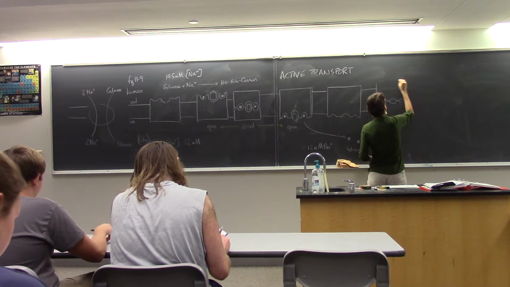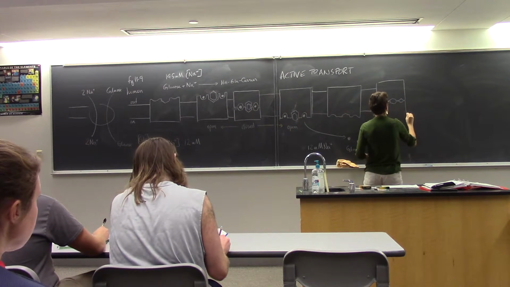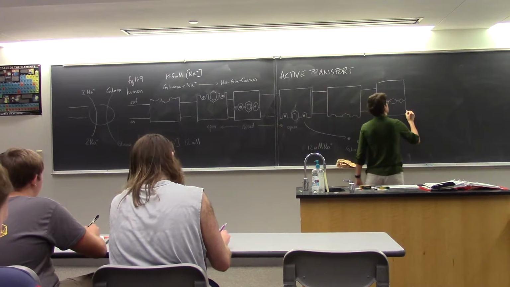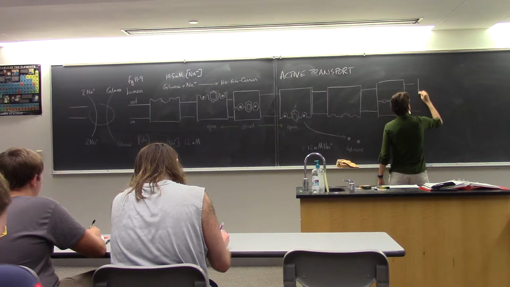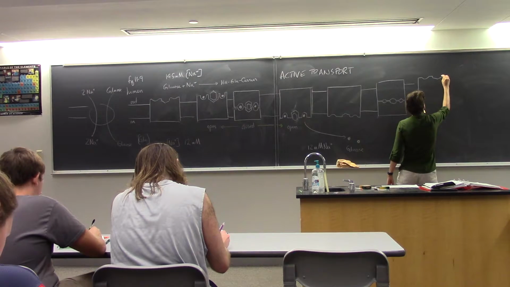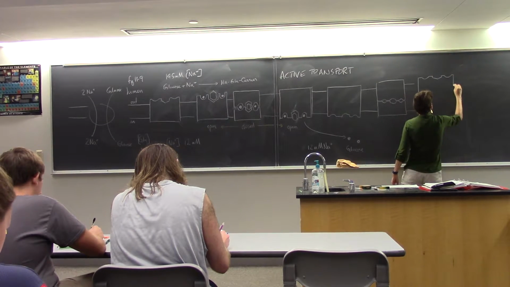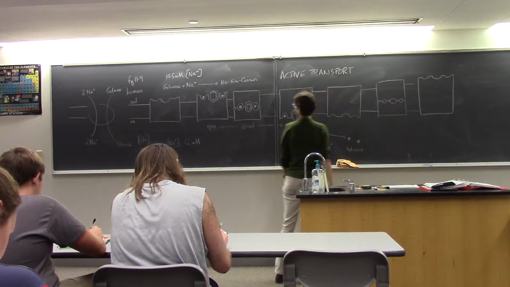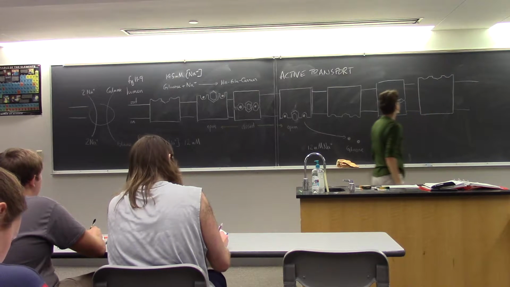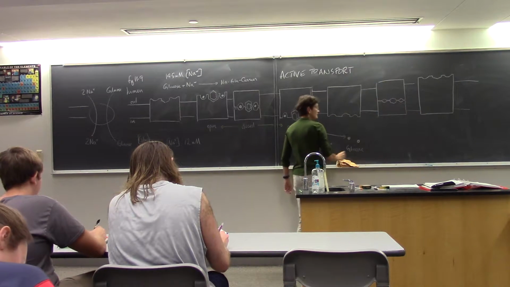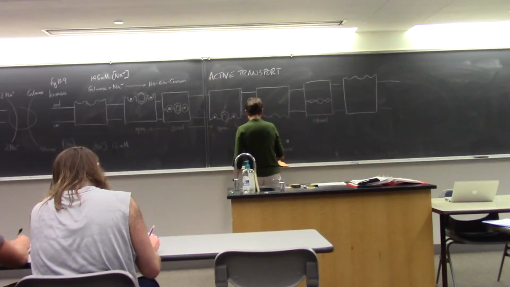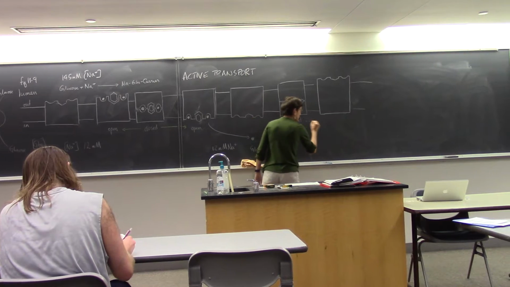Okay, and I made it kind of little to emphasize that there really aren't high affinity binding sites. And here's another closed state, which can go this way or it can go this way.